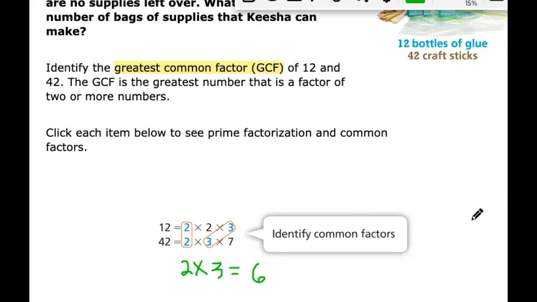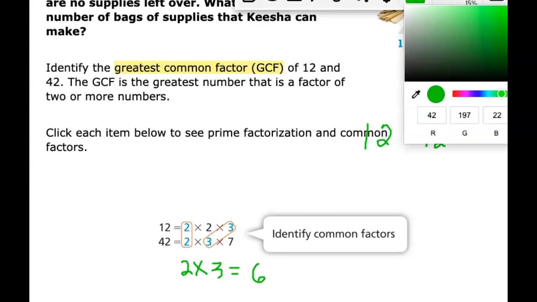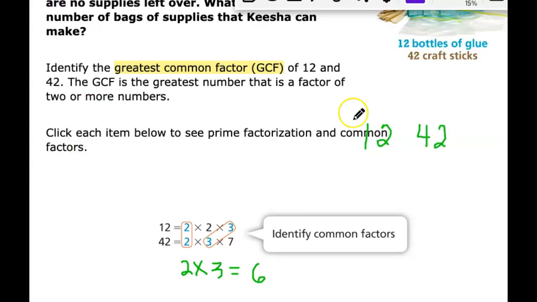Did you guys know how to do continuous division? Did you learn how to do continuous division? So let's see. I have 12 over here, and then I have 42. I teach this in my previous class. I don't know if those who are in 604 remember how to do this.